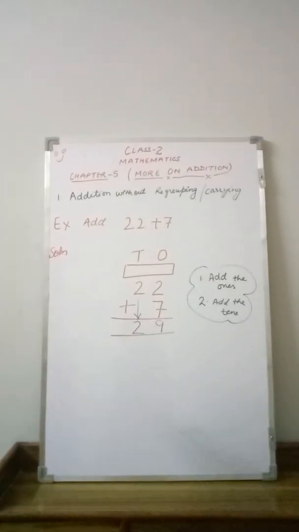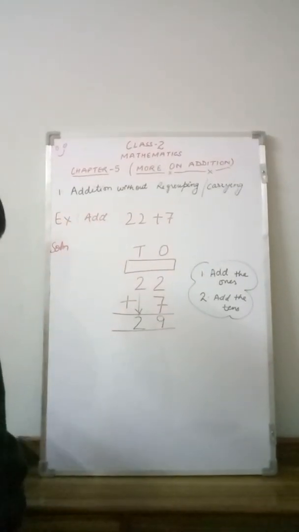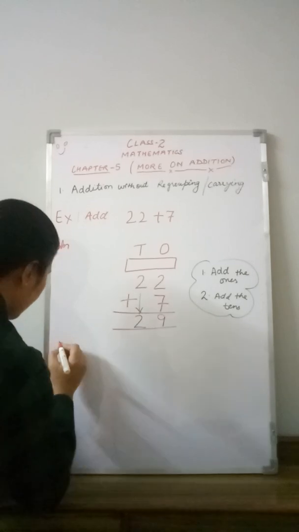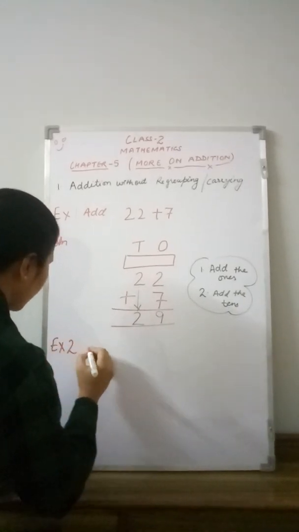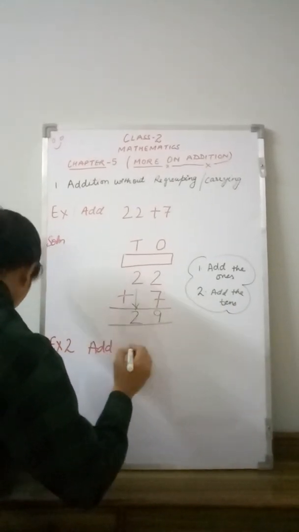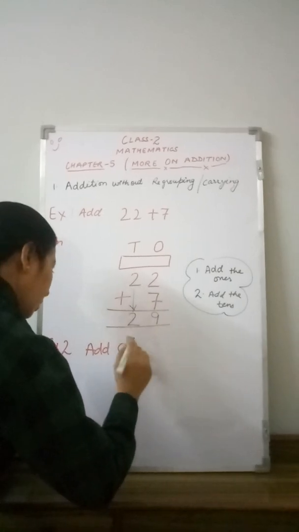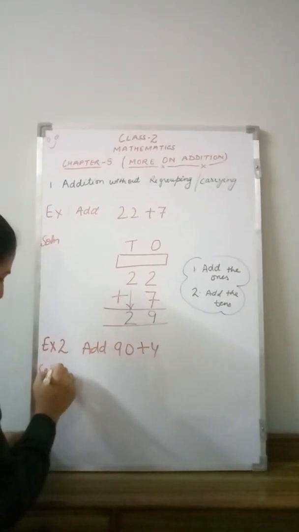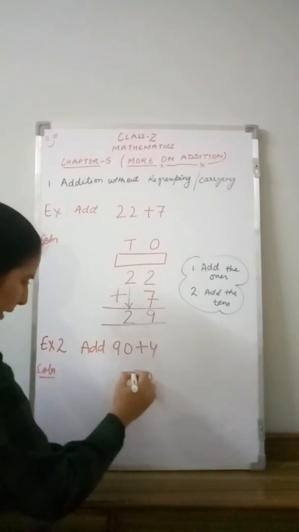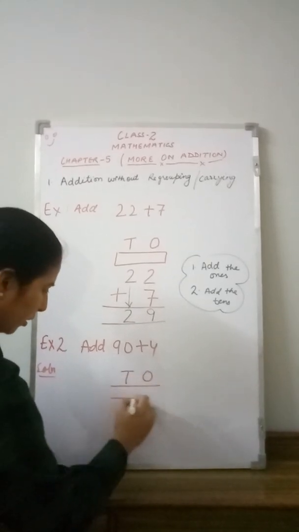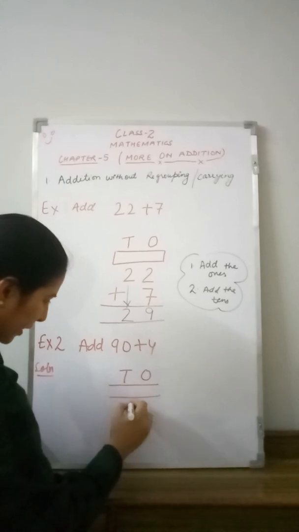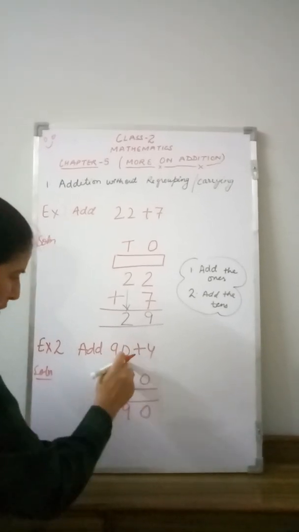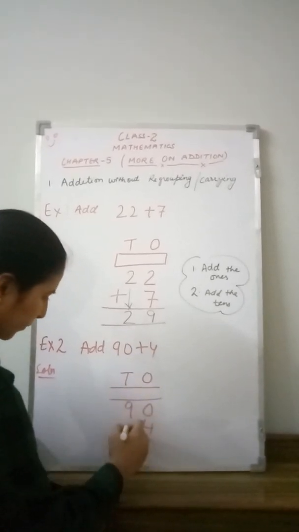Okay students, let's take one more example to clear this topic. My second example is add 90 plus 4. How can you do this? Again, first write the ones and tens place, writing the numbers column-wise. So 90 is on top because this is the bigger number, and write 4 below.